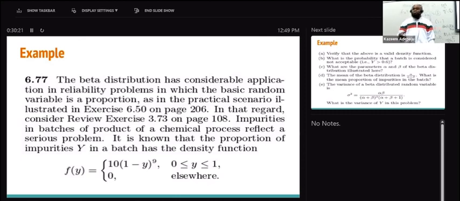The quality control officer in this particular company wants to ensure that whatever they produce conforms to specified standards. Of course, they are targeting purity, right? The purity of the chemical. Therefore, impurity becomes an issue.